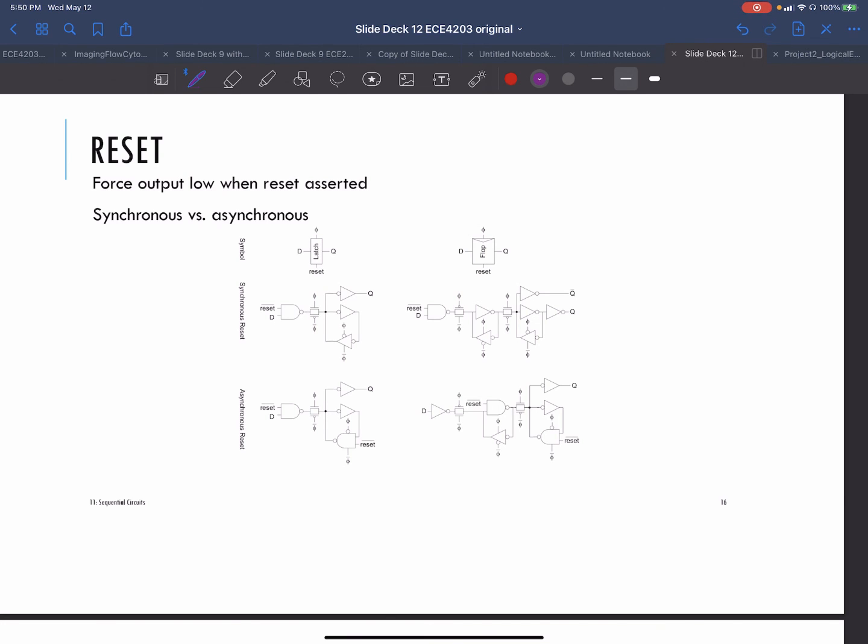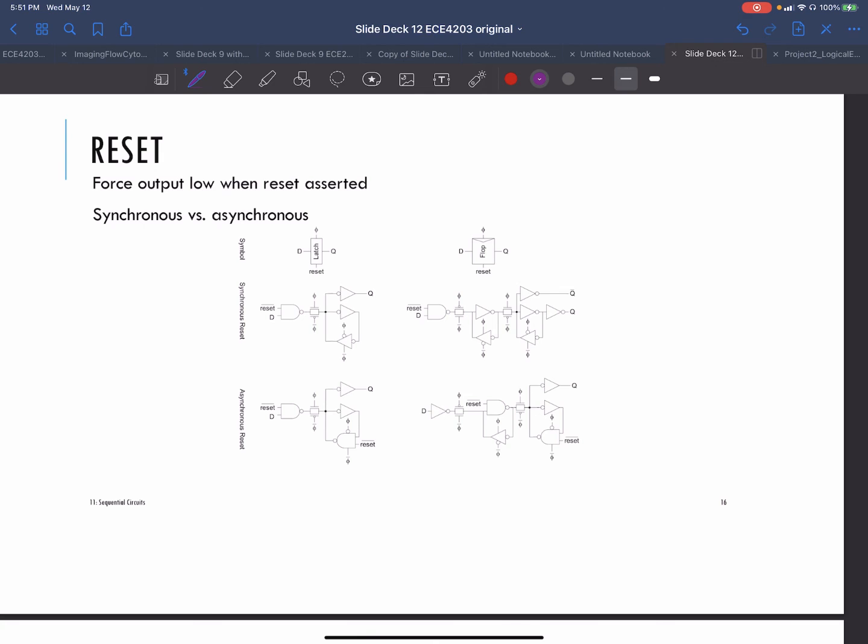There are non-resettable latches available in libraries, whether you're talking about FPGAs or ASICs or custom designs. But if you don't have a reset on a latch, imagine when your circuit powers up, these latches or flip-flops could be at any state. So you may be in a situation where the circuit is completely non-responsive to outside stimulus, and no amount of input is going to be able to change that.